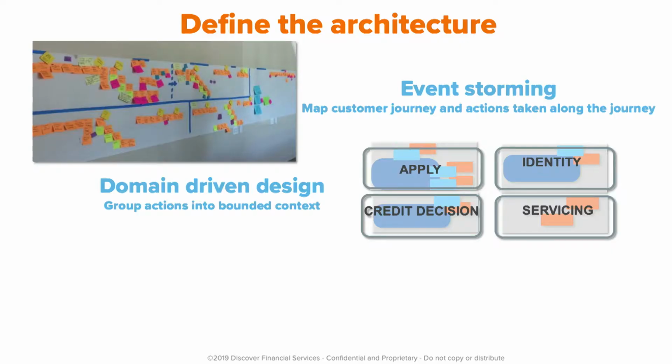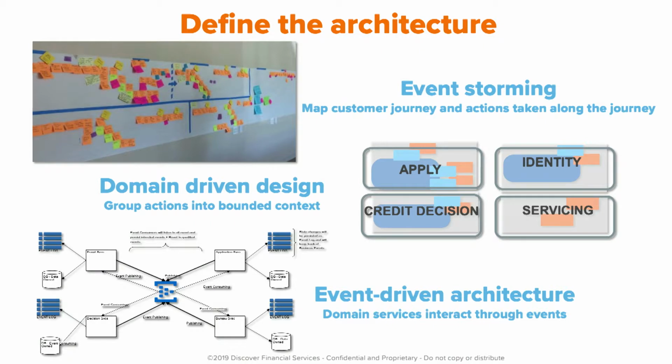During that exercise, we captured all the actions the customer takes as they go through the journey, and all the events that are triggered when they take the action. Then we logically grouped all the actions into domains. And how the domains and the services interact with each other becomes an event-driven architecture.